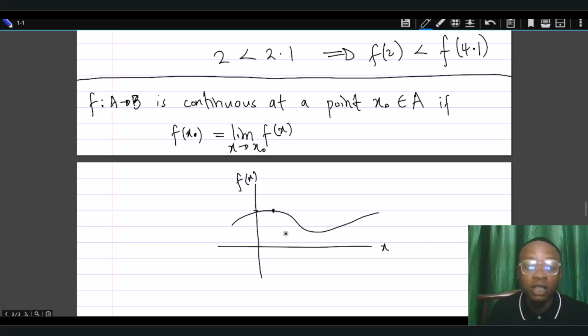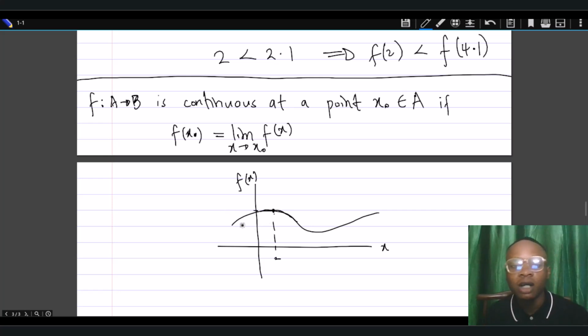To get the limit, it simply means that as x approaches a certain value, let's say x is equal to 2, from the right for instance, what value does the function approach? It approaches this f of x. So for a continuous function, you can draw the graph through these points without lifting your pen at all, and you know that the function is continuous at that point.